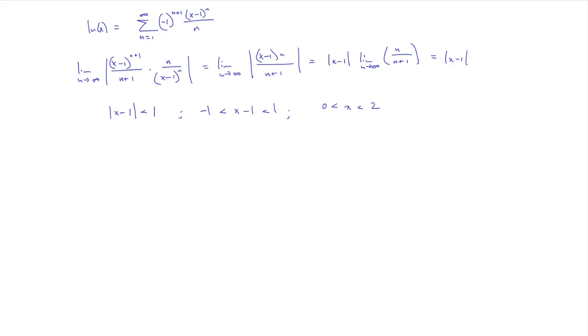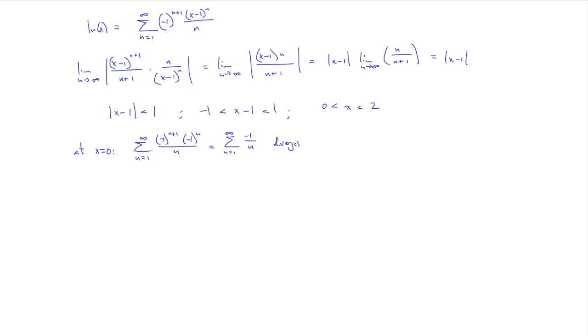The ratio test further tells us that the power series diverges if x is greater than 2 or less than 0, but it doesn't tell us what happens at 0 or at 2. If we plug in x equals 0, we get 0 minus 1 is negative 1 to the n, so we have (negative 1) to the n plus 1 times (negative 1) to the n all over n.